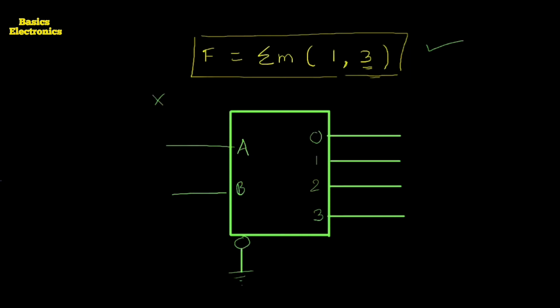Like in a multiplexer, if we have to implement any logical equation, then we implement it by connecting the given lines to logic 1 level and the remaining lines to logic 0 level.